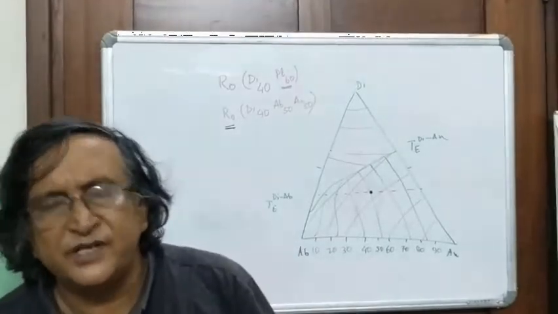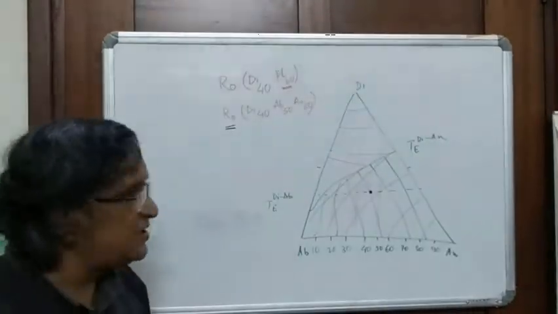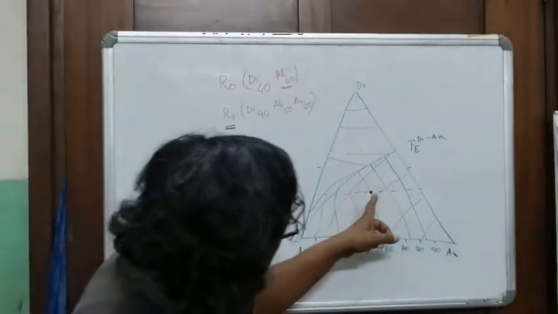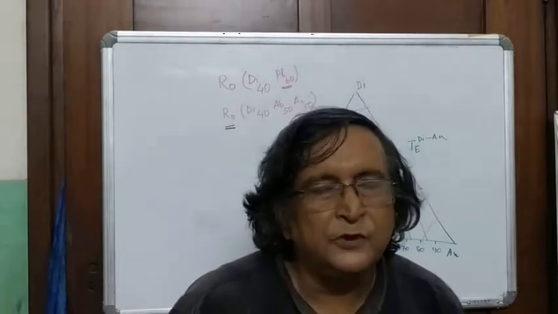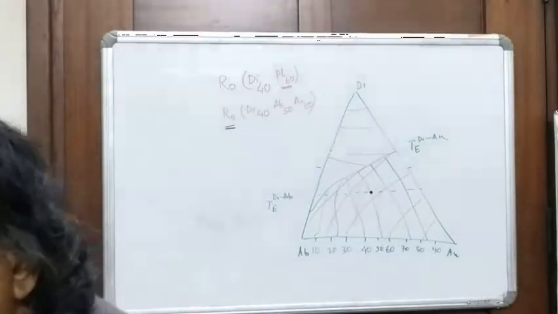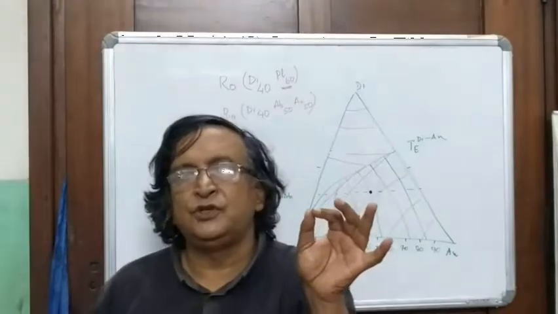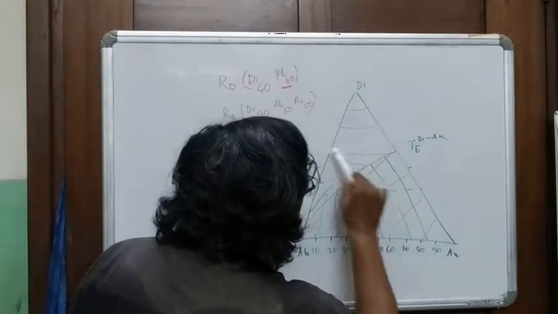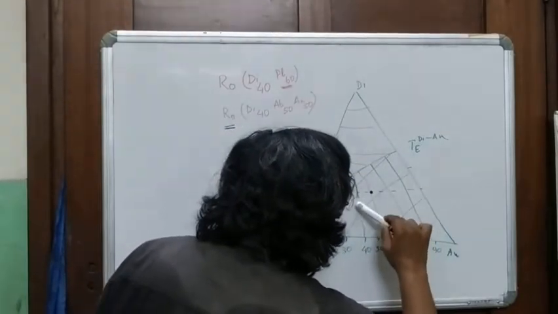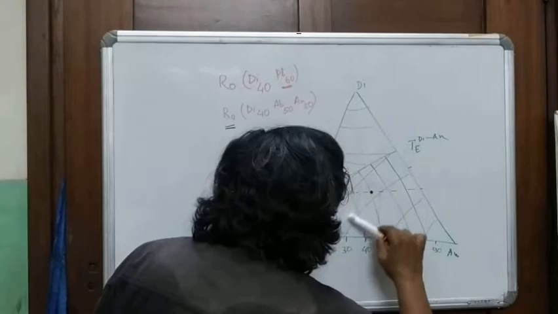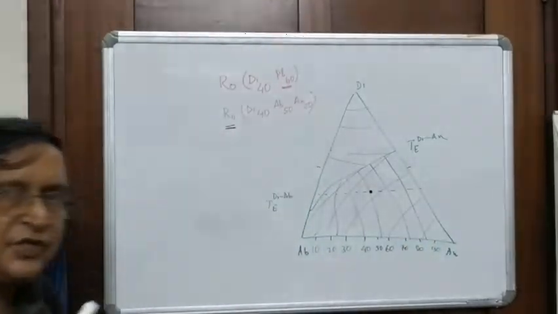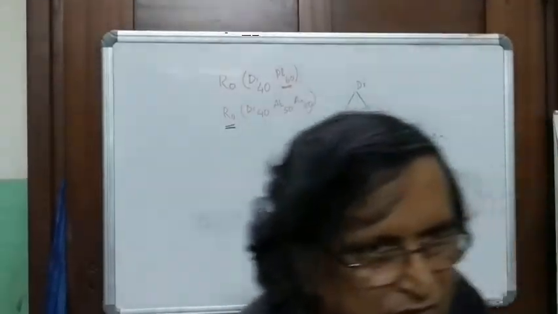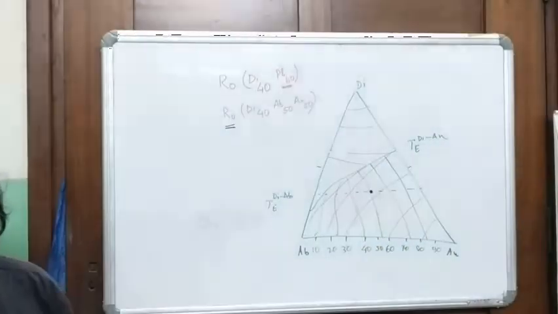So similar things we need to ask ourselves here. If you have a rock R0 here, what will be the composition of the first melt that will form? At which temperature? These red ones are the isotherms. So the isotherm passing through this point will tell you the temperature at which the rock will melt. And immediately the question is, what is the composition of the melt?